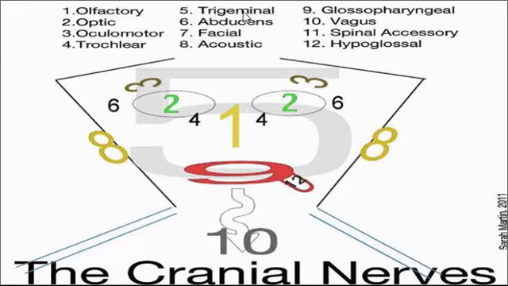So we skipped over number 5, your trigeminal. And if you notice the 5 in the background here, there's the whole shape of the 5, because the 5, your trigeminal nerve, is your sensation in your forehead, your cheeks, and your chin.